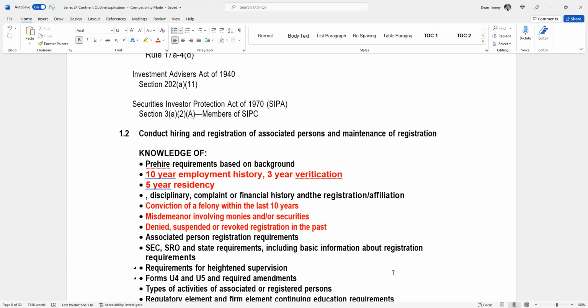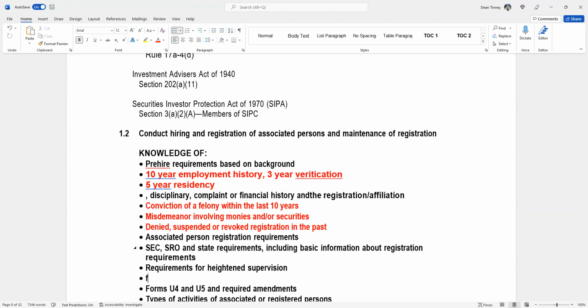But maybe you plead that they've repented and you can still get them in the business, and that means you're going to have heightened supervision on those. Heightened supervision for those with statutory disqualification.